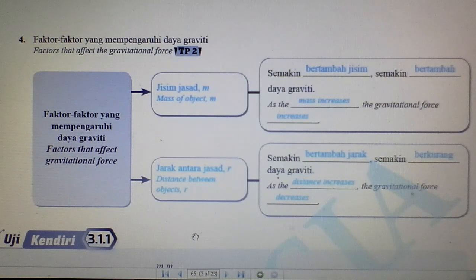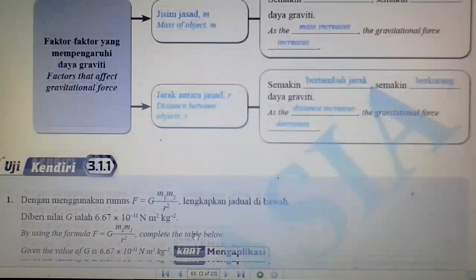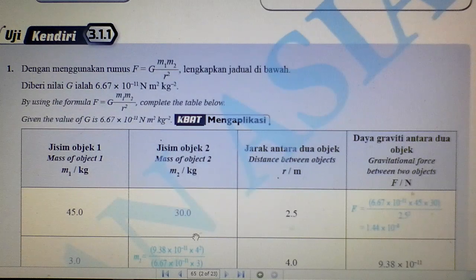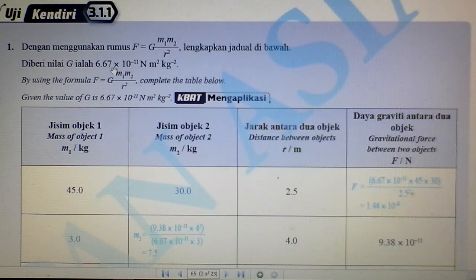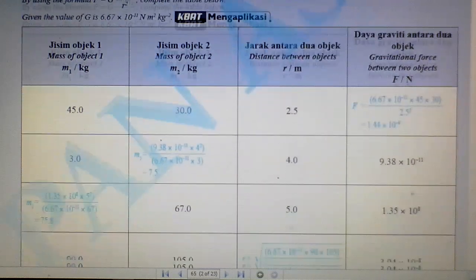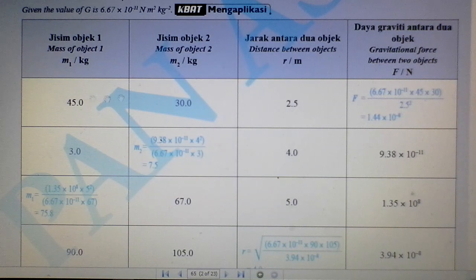Look at uji kendiri 3.1.1. For number 1, given the value of G, the universal gravitational constant, you use the formula stated by Newton's law of gravitation to solve the problems and complete the table below. In the first example, given m1, m2 and r, you want to find F. You use the formula G m1 times m2 divided by r squared.